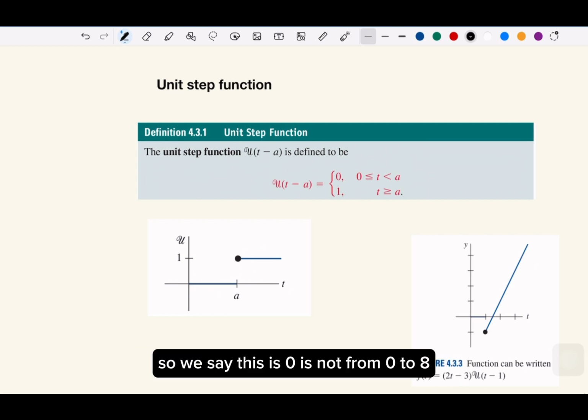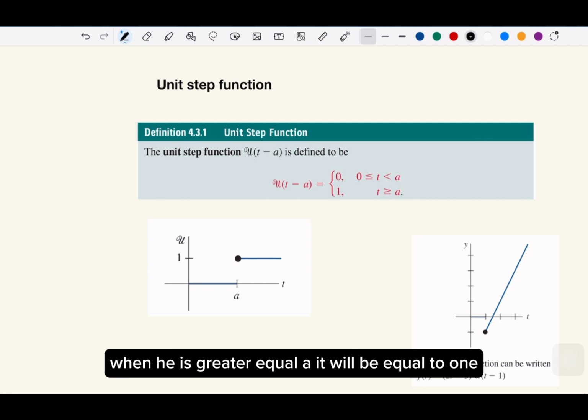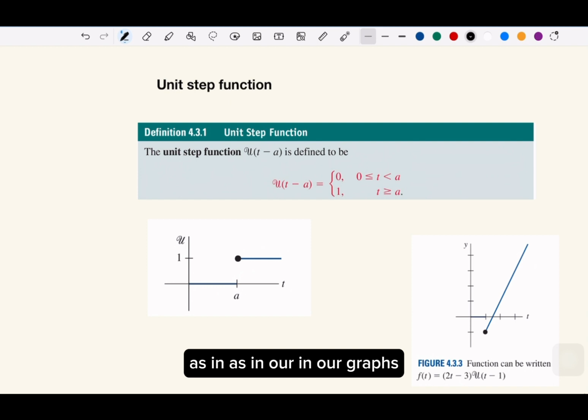So we say this is 0, it starts from 0 to a, according to this relation. And then when t is greater or equal to a, it will be equal to 1. So we are going to have something like this in our graph. So it stays 0, and then after some point here, it will jump here.